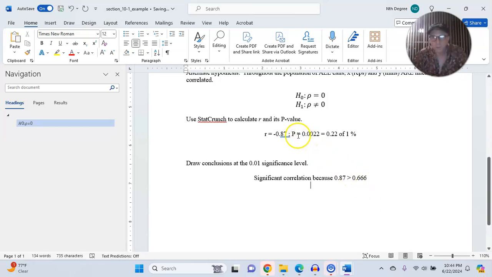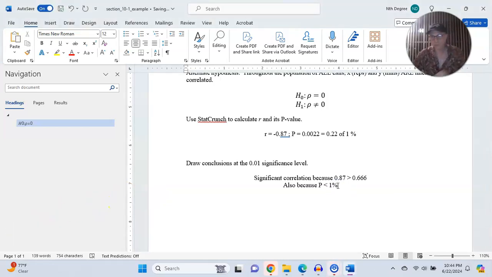Well, the p-value that we found is pretty small. It's much less than 1%. So in that case, there's also a significant correlation because p is smaller than any significance that we would normally use. It's less than 1%.